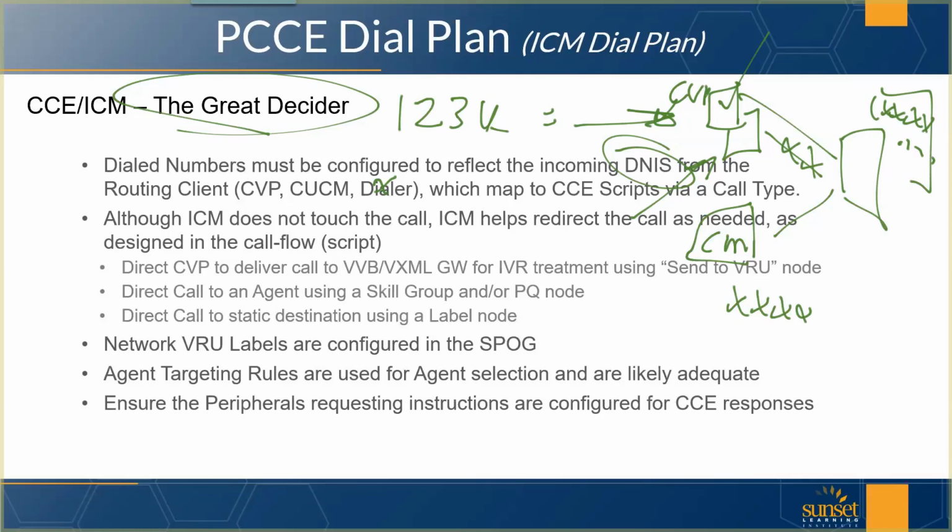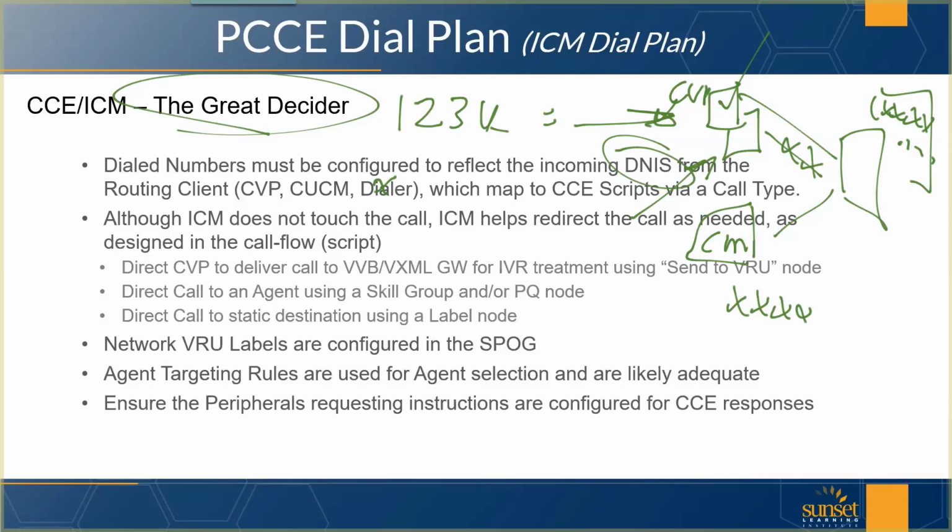Remember that ICM does not touch the call. ICM is only ever dealing with signaling, but it helps redirect the call, or makes the decision as to where the proper destination for this call belongs. So it will direct CVP to deliver the call to either the virtual voice browser or a VXML gateway for IVR treatment.